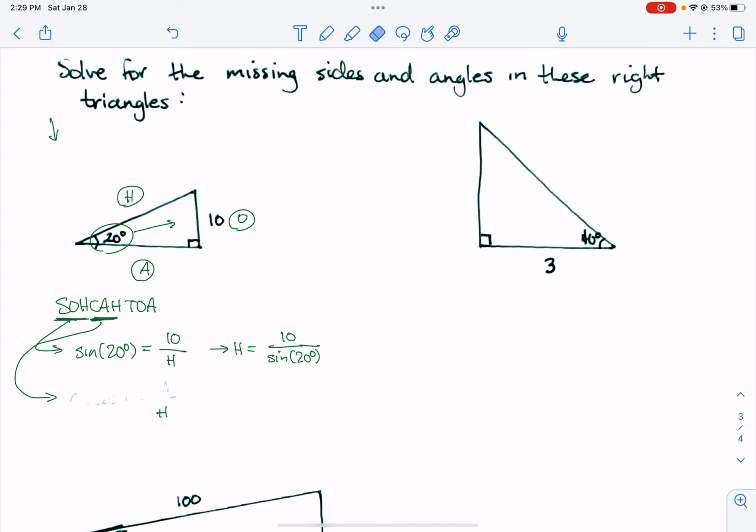By using the TOA equation. So let me redo this with TOA actually. It's better to use exact values whenever you can. The TOA tells me tangent of 20 degrees equals 10 over a. And if I solve for a, that tells me my adjacent side is 10 divided by tangent of 20 degrees.